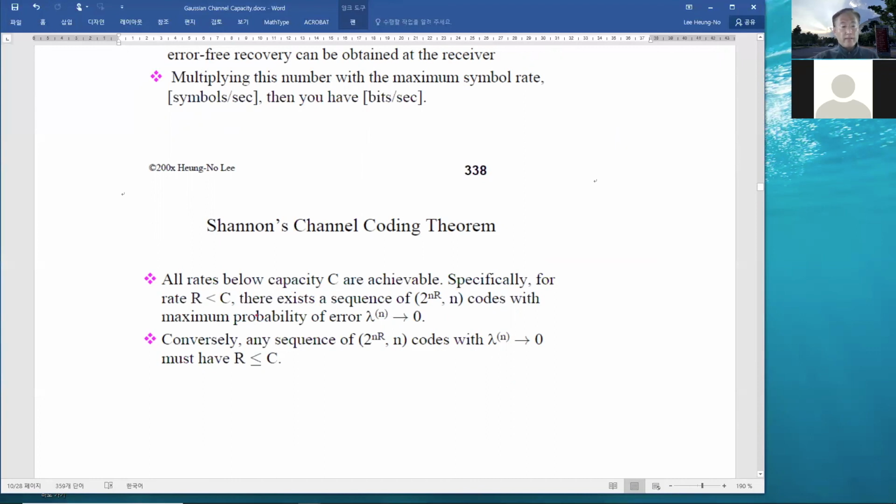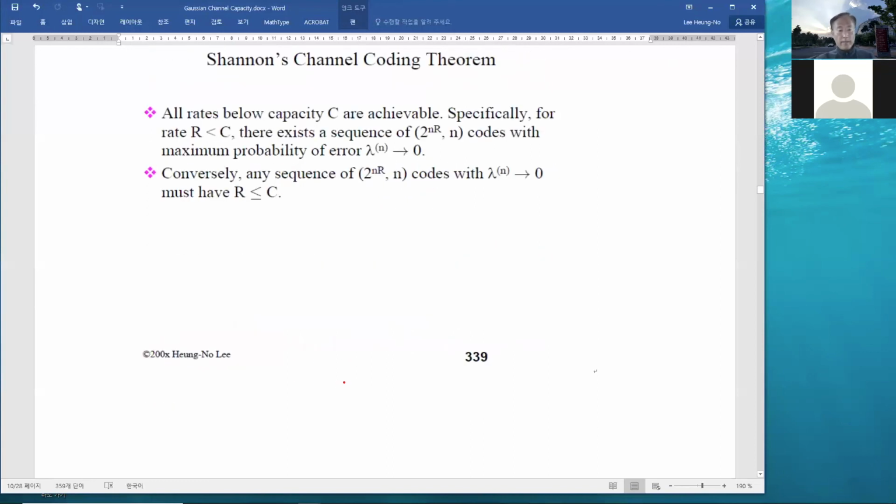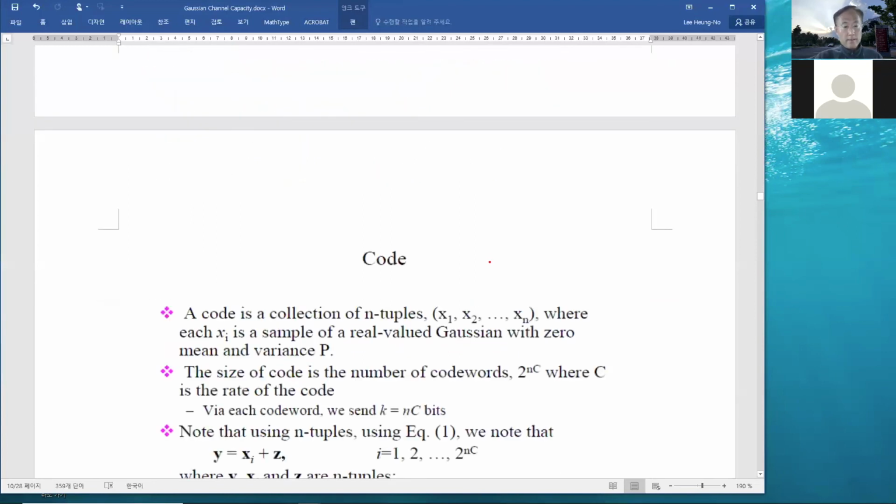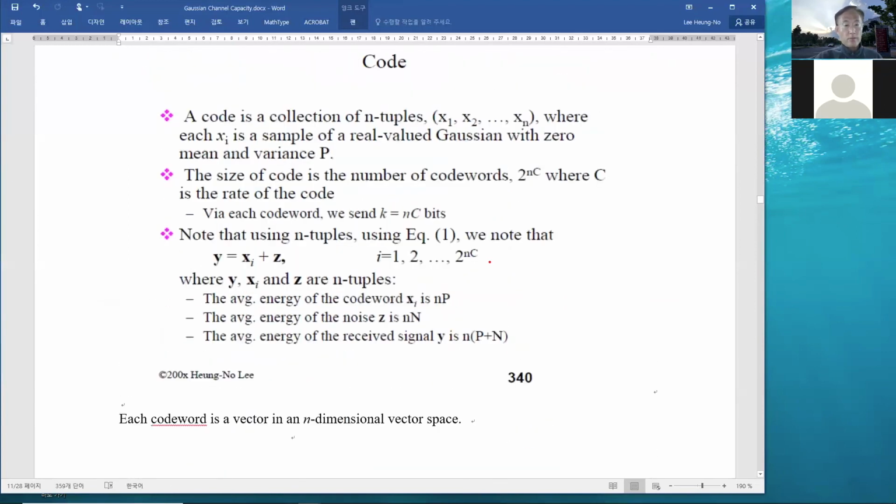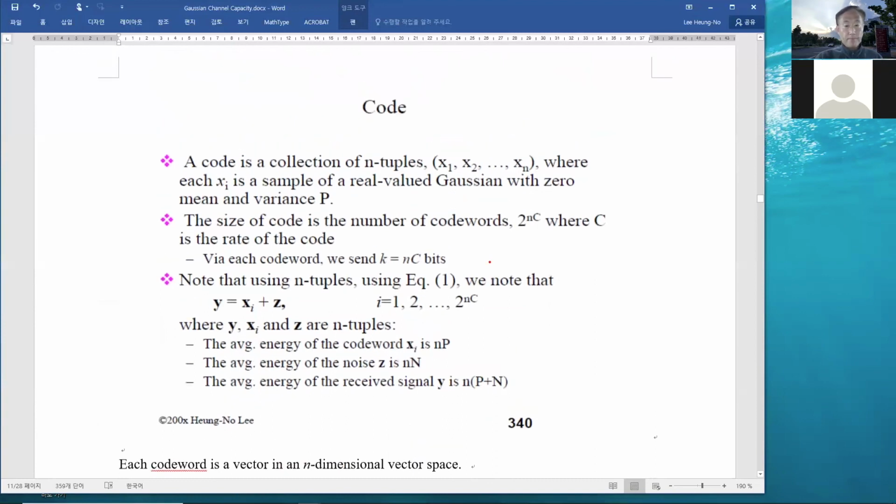Specifically, for rate R smaller than C, there exists a sequence of (2 to the NR, N) codes with maximal probability of error converging to 0. And conversely, if you have a code whose maximal probability of error converges to 0, then the rate R must be smaller than C. I think this one I should describe later.